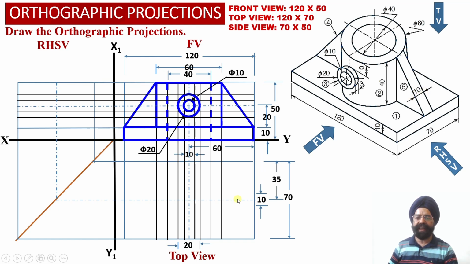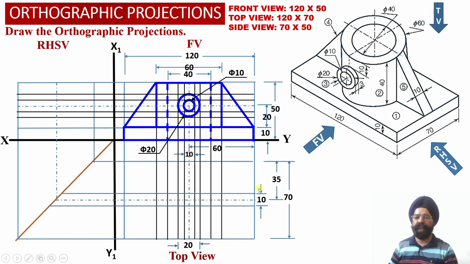So from the center line we take an offset of 5 millimeter toward the rear surface and 5 millimeter toward the front surface of the solid, so that one triangular web is lying on the front side and another triangular web is lying toward the rear side of the solid.